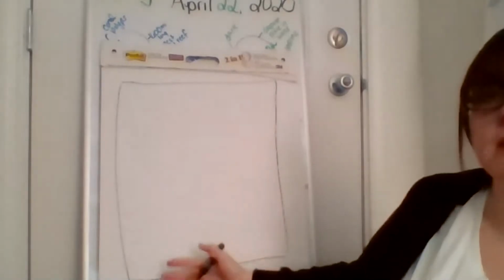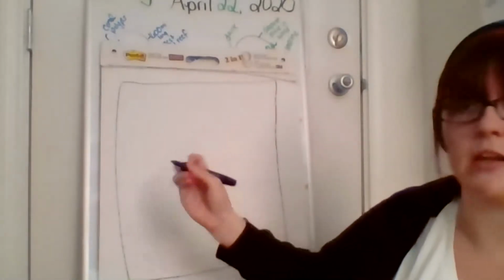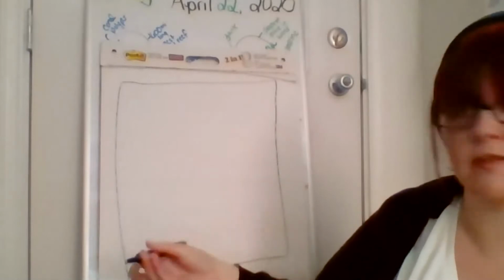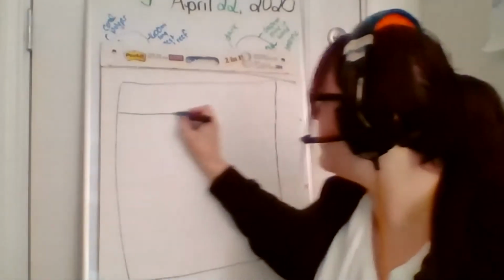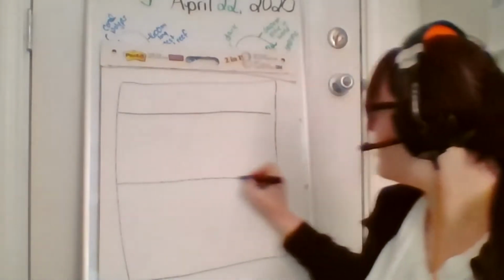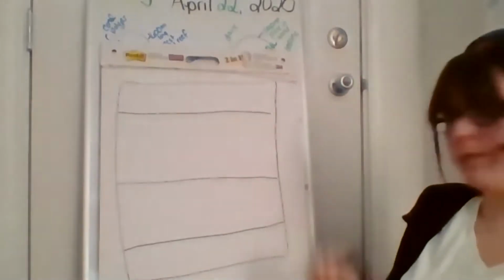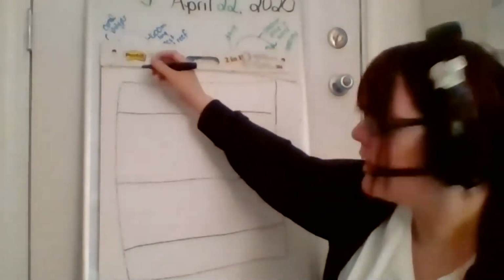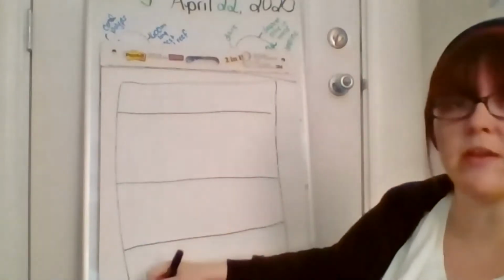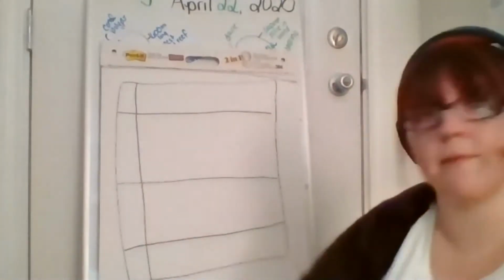I'm going to divide it into 4 sections, into quarters, fourths. Box 1, box 2, box 3, and box 4. Then I'm going to make a vertical line from the top to the bottom. Very skinny, just like that.